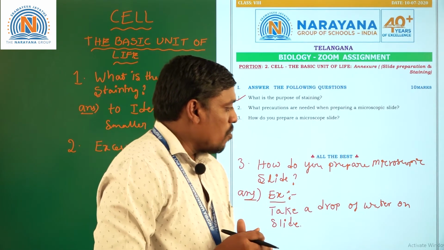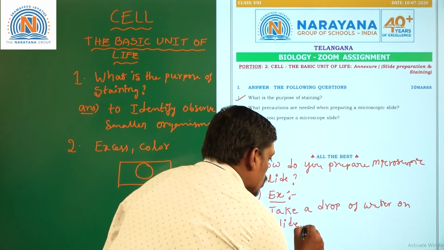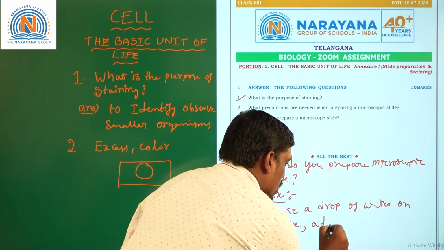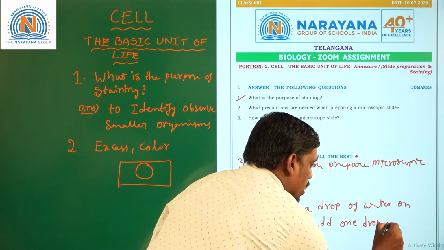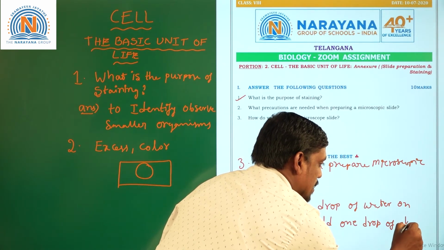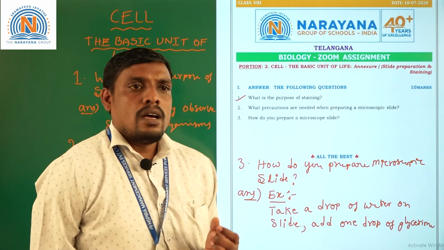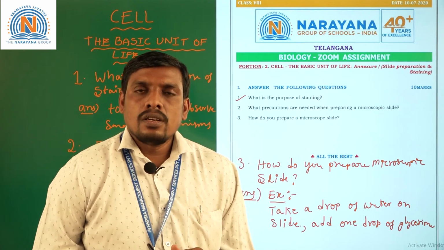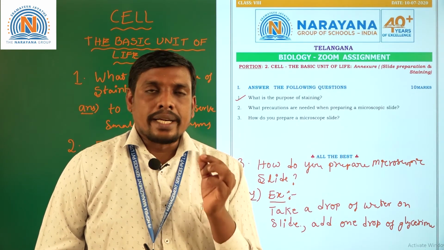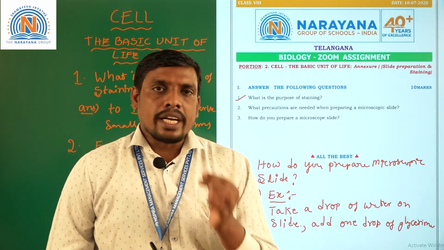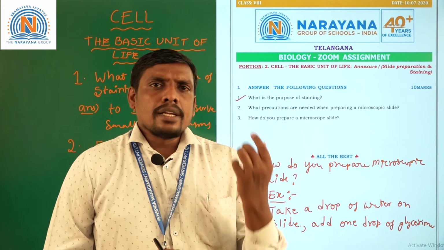After taking a drop of water on the slide, immediately what do we have to do? Then we have to add a drop of glycerin. After adding a drop of glycerin, finally we add a drop of any dye. We can take a methylene blue solution or Janus green solution, or any dye or color.